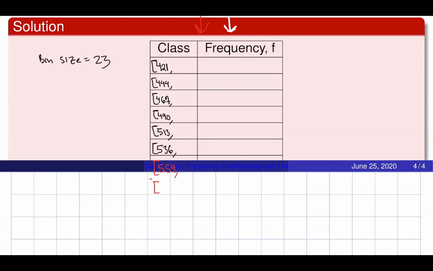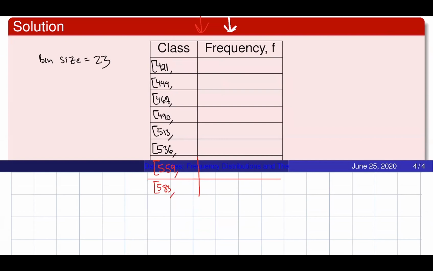If I add another row, 559 plus 23 is 583. And I can stop right there. Everybody good so far with that?